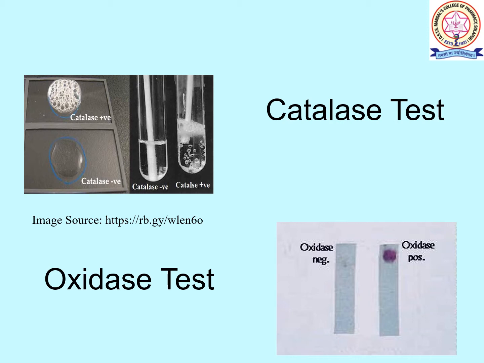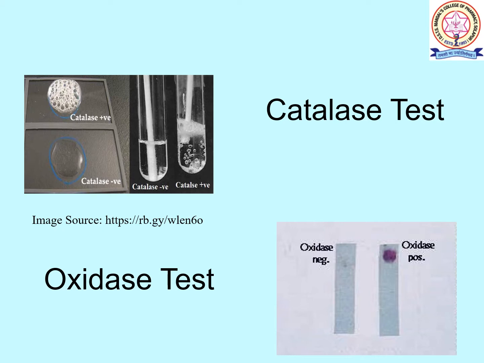The enzyme catalase is produced by the bacteria that respire using oxygen and protects them from the toxic byproducts of the oxygen metabolism. The enzyme catalase mediates the breakdown of hydrogen peroxide into oxygen and water.